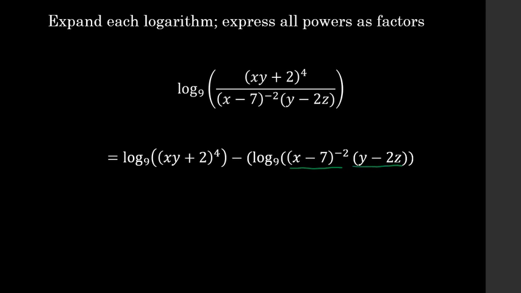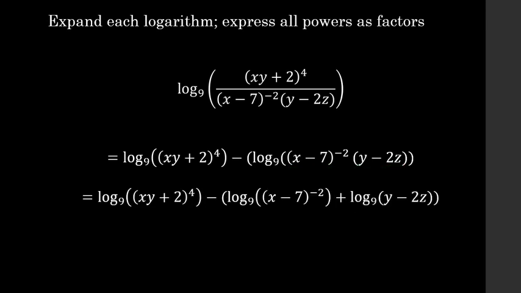So we're going to take this logarithm and break it up as the sum of 2, giving us log base 9 of xy plus 2 raised to the 4th power. That term carries down. Now it's minus log base 9 of x minus 7 to the negative 2 plus log base 9 of y minus 2z.